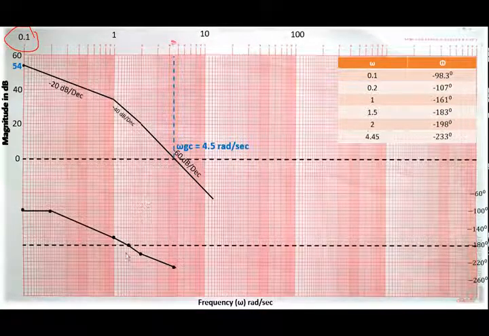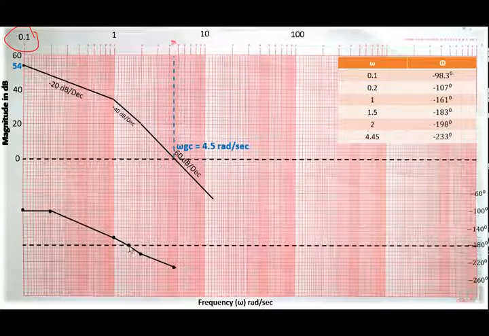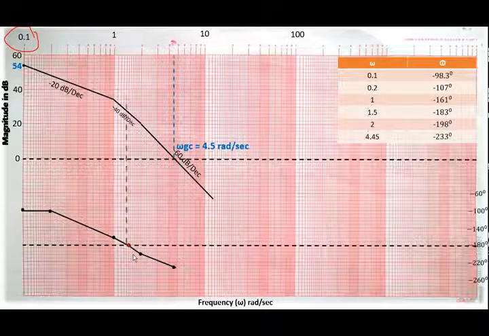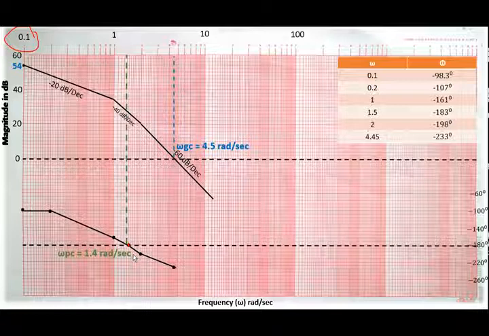So this point is the intersection point of the reference line and the phase plot. So we need to check the frequency. The phase crossover frequency is 1.4 radian per second. So these are the two parameters that were asked in the question.